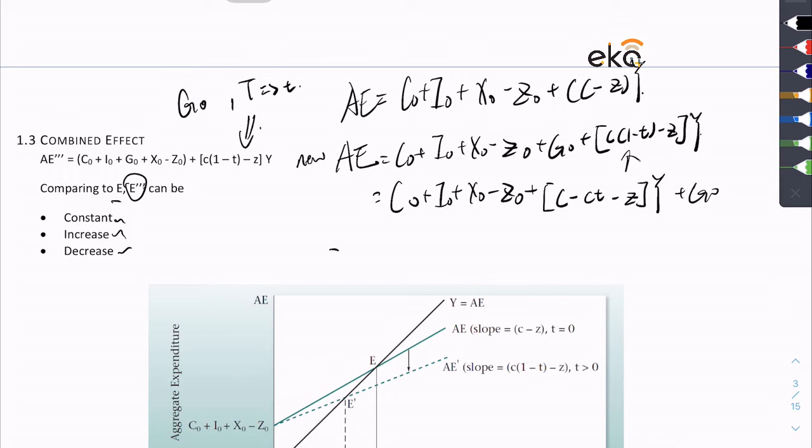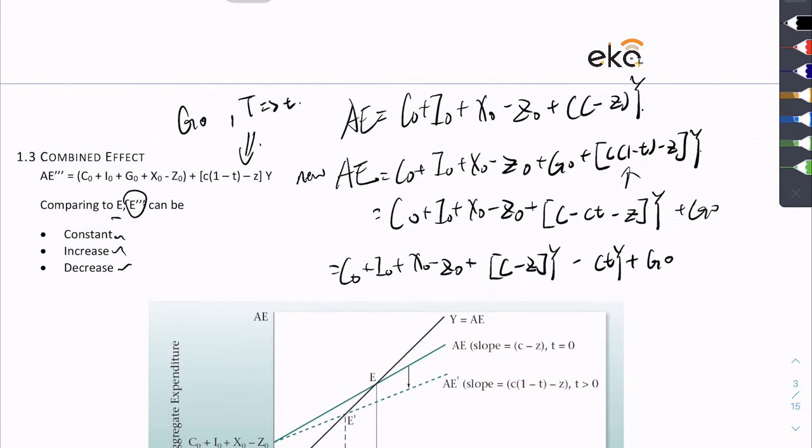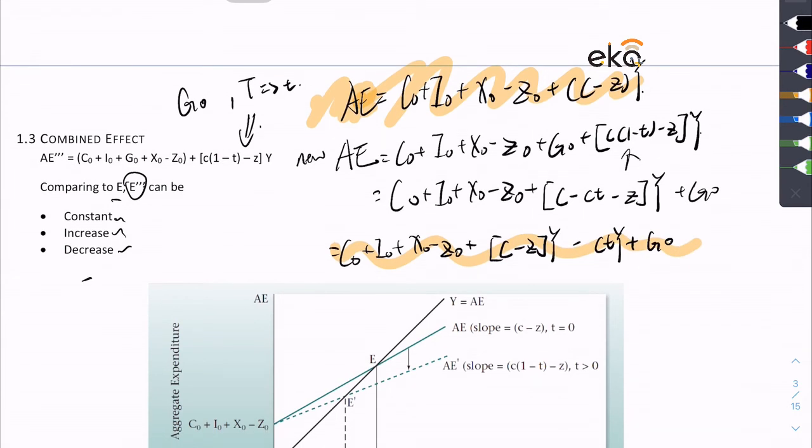And then it is C0 plus I0 plus X0 minus Z0 plus (C minus Z)Y minus CTY plus G0. So the difference between the old AE function and this one is that we have negative CTY plus G0.